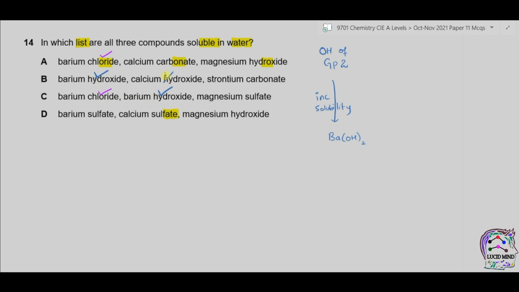Calcium hydroxide is insoluble. Magnesium hydroxide is insoluble. Now for sulfates of group 2, solubility decreases down the group.